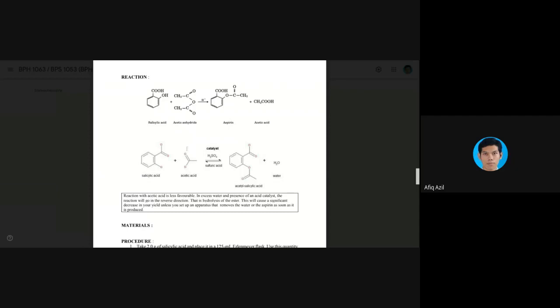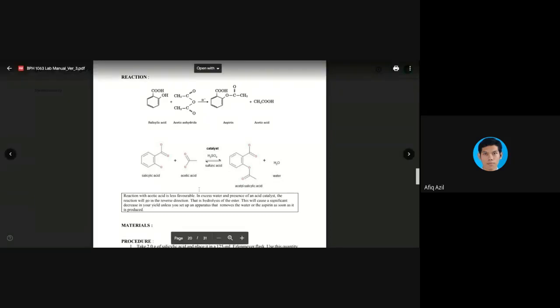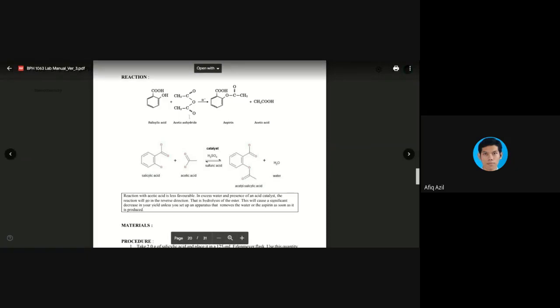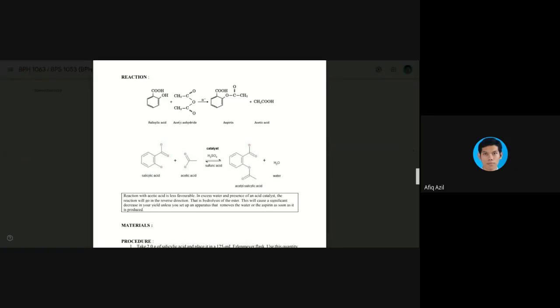So if you are doing it in the lab, we will use acetic acid. But what I'm talking about regarding acetic anhydride just now, the rule is applicable only in Malaysia. I'm not sure whether other countries let you purchase it straight away or not.